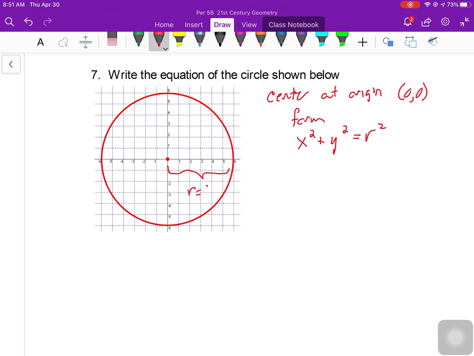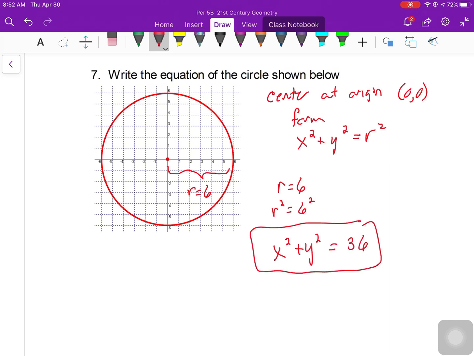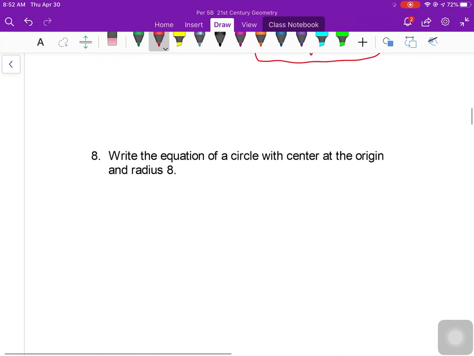We look at the graph to determine what the radius is. The radius is 6. If the radius is 6, then r squared would be 6 squared. So our equation would be x squared plus y squared equals, and then 36 on this side. And that's how you write the equation of a circle with the center at the origin.